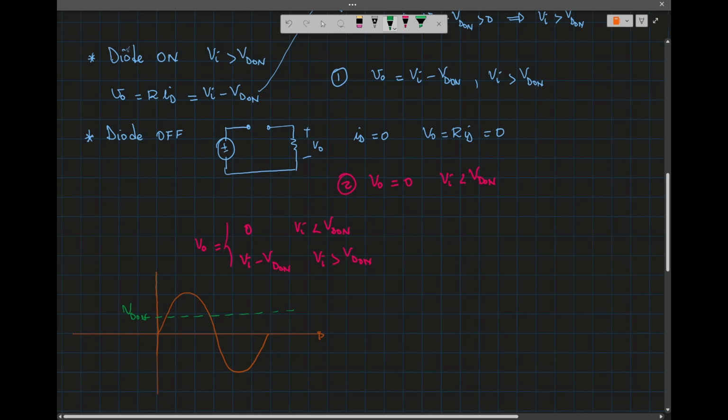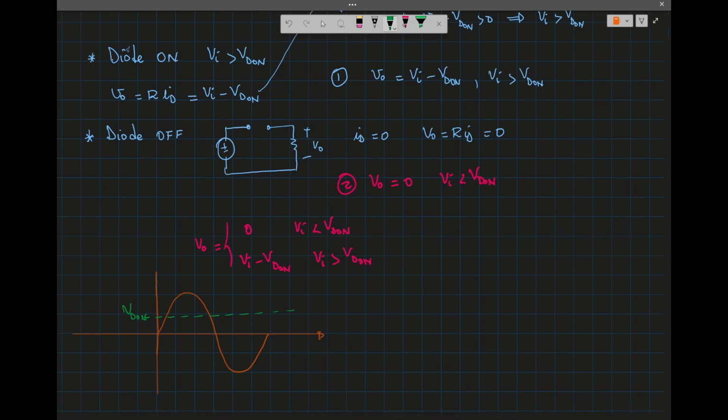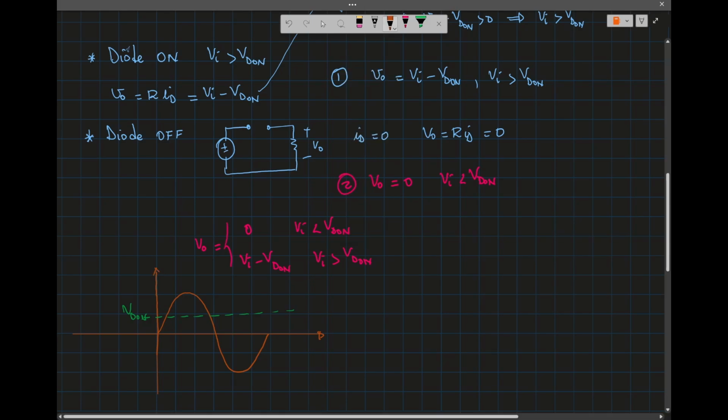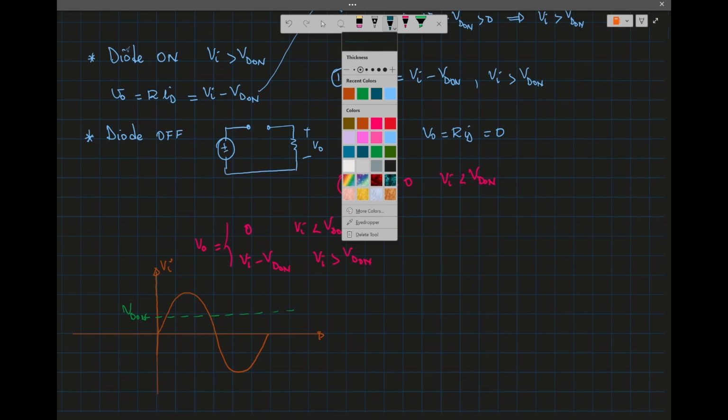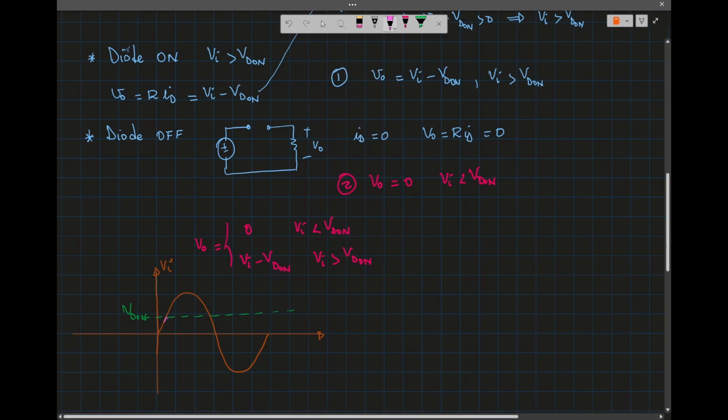So when the input voltage VI is bigger than VD1, then the diode will conduct, otherwise the diode will be off. So for the voltage that is less than VD1, right? So VI is less than VD1, so that means the output voltage is 0.